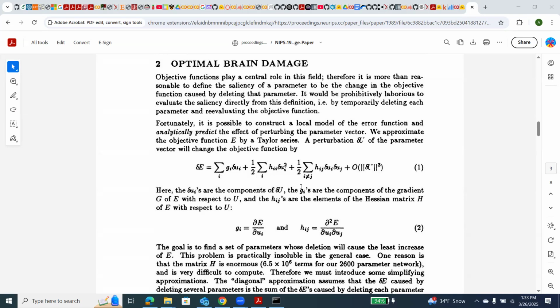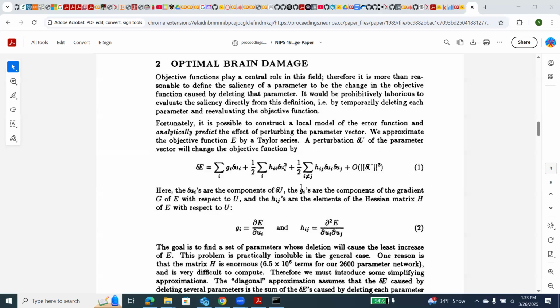So this is the second order term, like delta of weight. For the first order term, we have the gradient. For the second order term, we have the Hessian, which is the matrix of second derivatives.